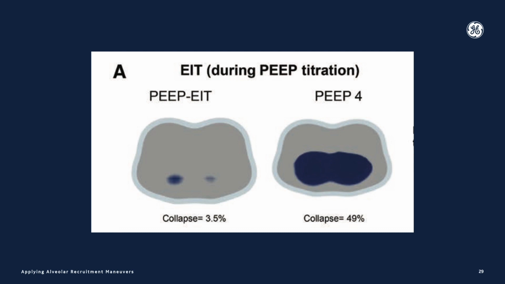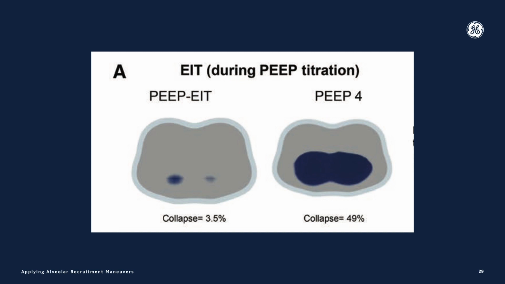Here is one image from that paper depicting the differences in atelectasis between the group whose PEEP was selected based on electrical impedance tomography on the left and the control group of PEEP of 4 on the right.